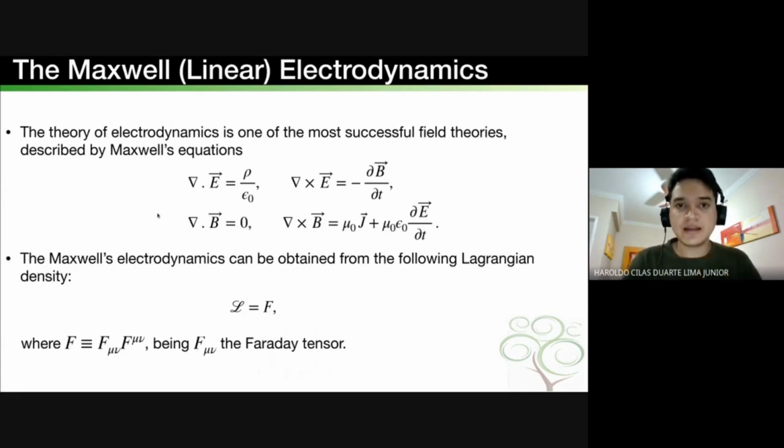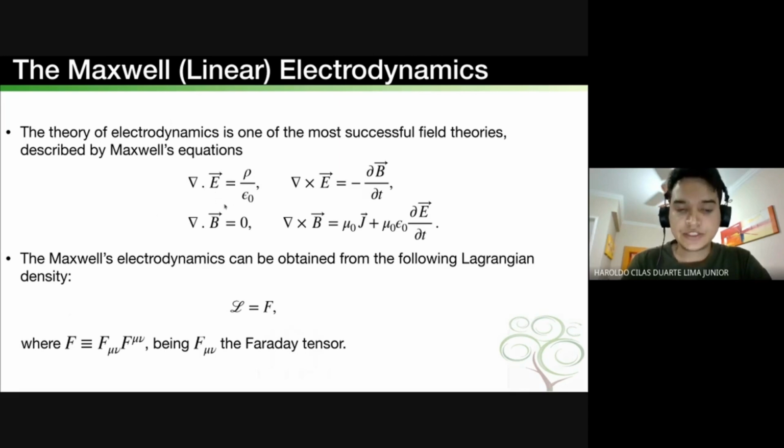Well, let's begin by discussing Maxwell electrodynamics, which is also known as linear electrodynamics. The theory of electrodynamics, which unifies the electric, magnetic, and optical phenomena, is described by these four equations here, which are known as Maxwell's equations. The first equation is the Gauss law for the electric field.